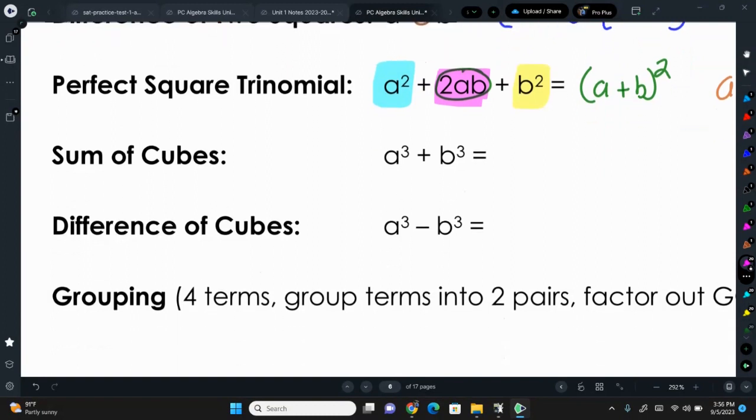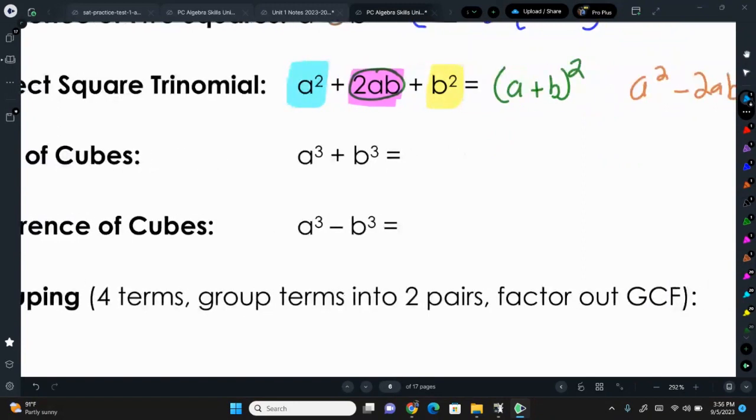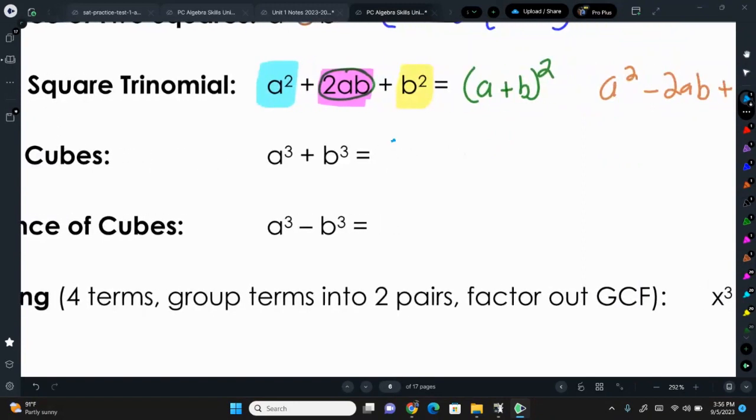Now, the sum of cubes and difference of cubes, you're not going to see those very frequently. And it's just good to know that if we have two things cubed that are being added together, a cubed plus b cubed, it's (a plus b) times (a squared minus ab plus b squared).